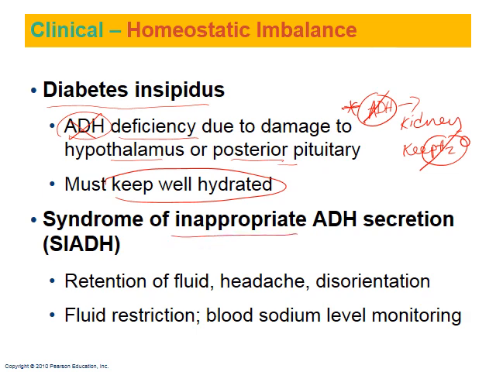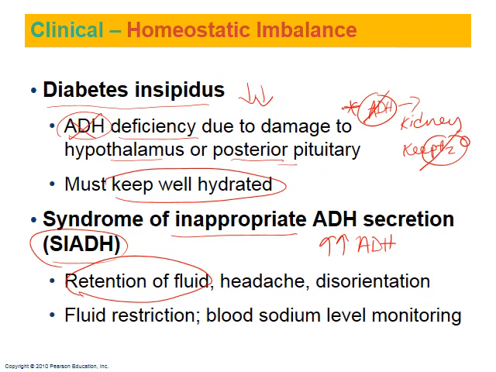There's also the syndrome of inappropriate ADH secretion, SIADH. What happens is you have too much ADH, where the previous condition was too low, right? So you have too much ADH being secreted, and that means you're constantly keeping fluid. Remember, when ADH is on, you retain as much fluid as possible.